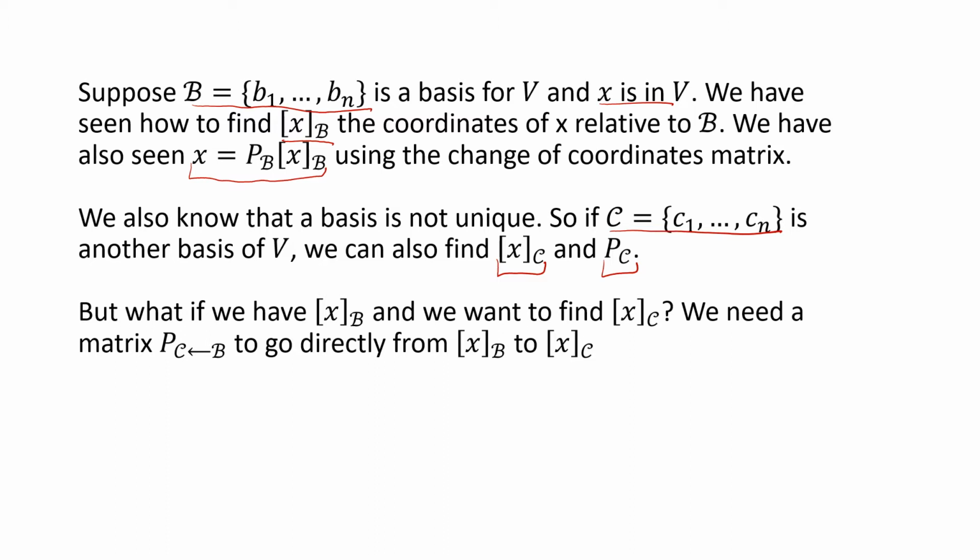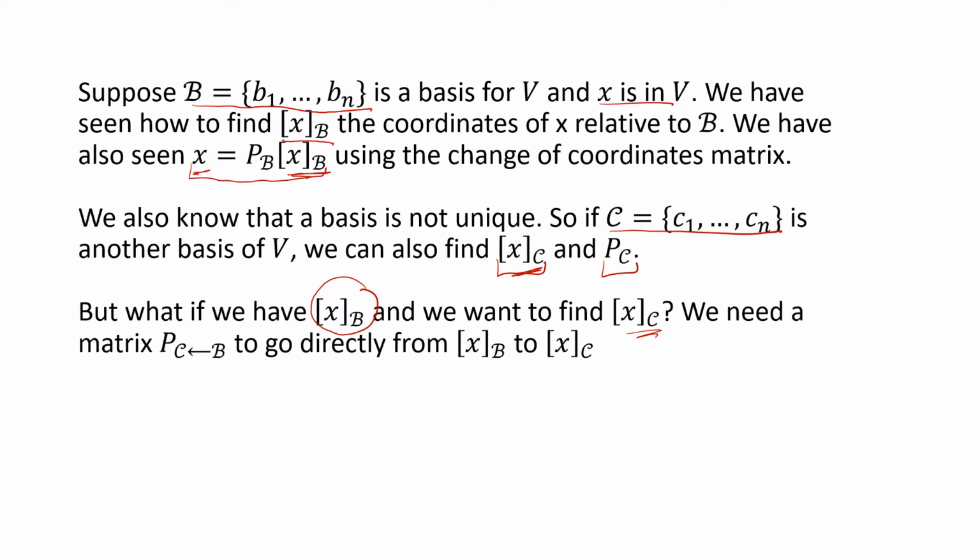So now we know how to go from xB back to x. We know how to go from xC back to x. But what if we want to do this in one step? What if we have xB and we want to find xC? So we have the coordinates in one basis, and we want to find the coordinates in a second basis.